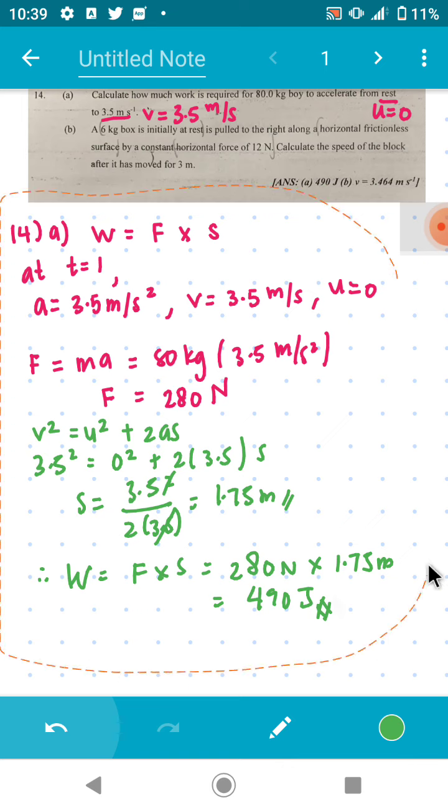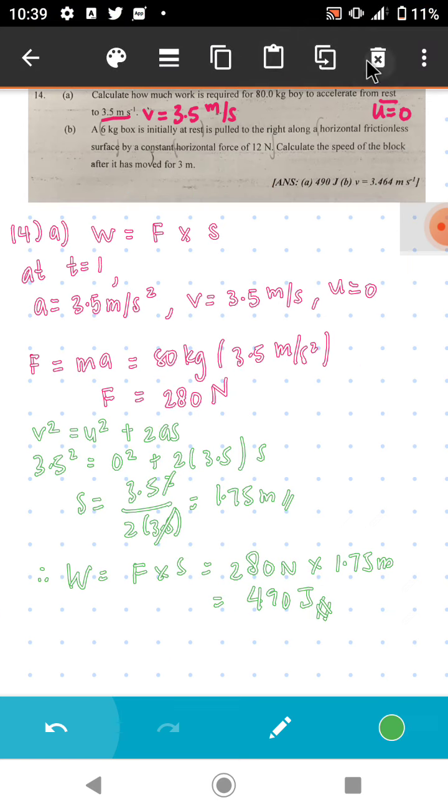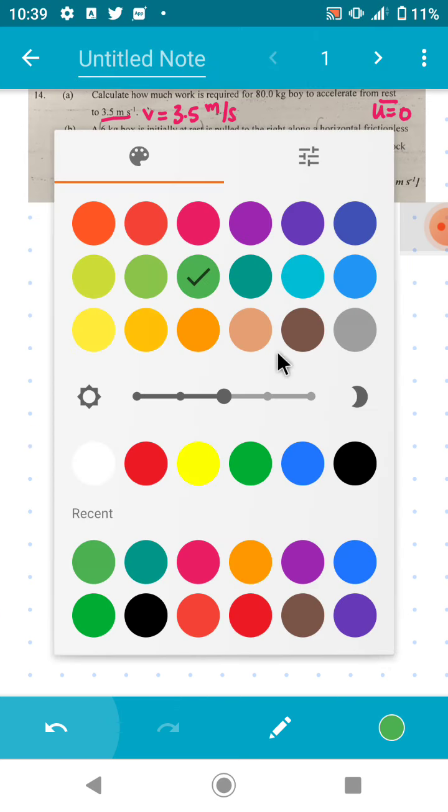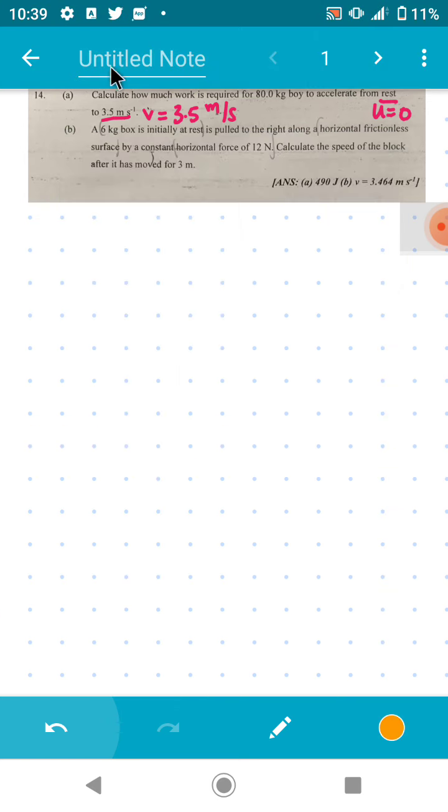Next we see question 14b. A 6 kilogram box is initially at rest, which means u equals 0 again. It is pulled to the right along a horizontal frictionless surface by a constant horizontal force, F equals 12 Newton. We need to find the speed, which is the final velocity of the box as it moves 3 meters, so s equals 3 meter.